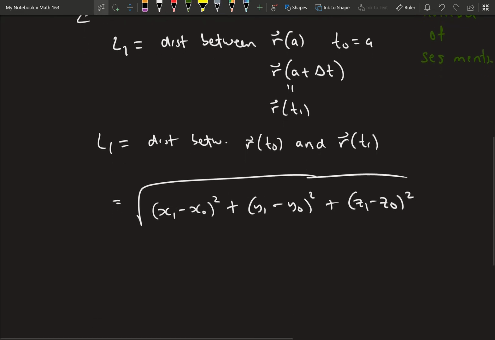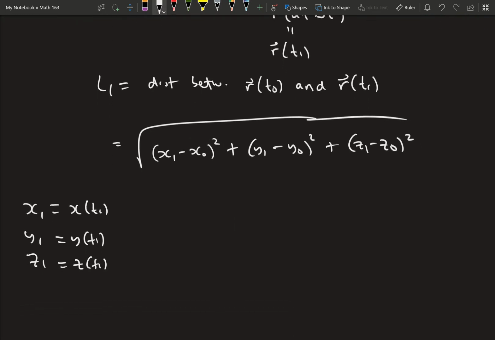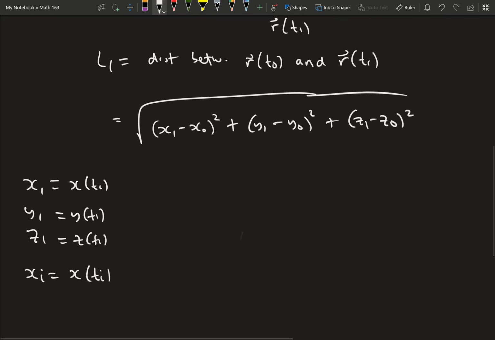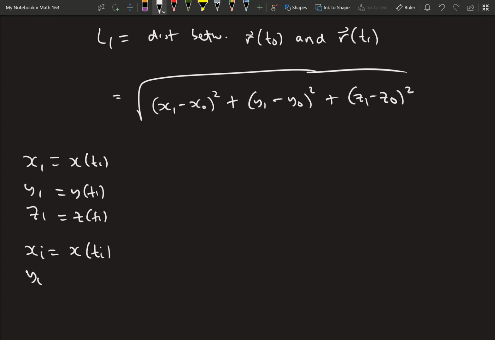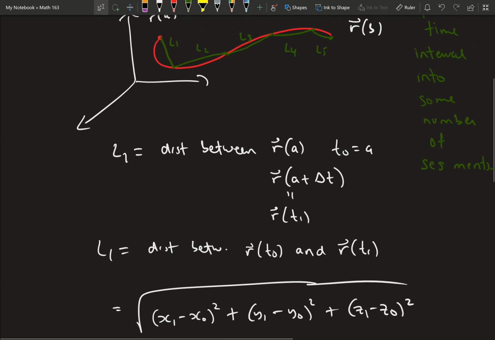This is a kind of shorthand notation where x sub 1, y sub 1, z sub 1 are x of t1, y of t1, z of t1, etc. So in general, I'm just going to denote x sub i to be x of t sub i. And similarly, y sub i is y of t sub i. z sub i is z of t sub i. And so this L1 is this length right here.